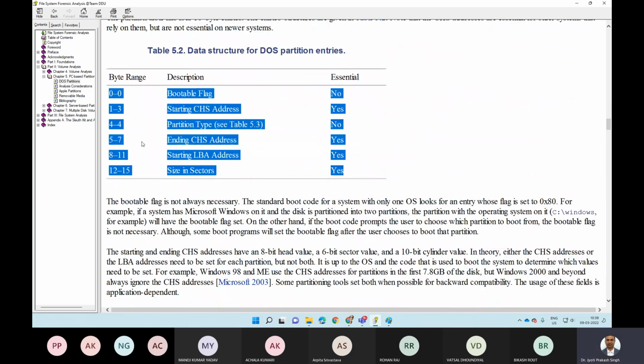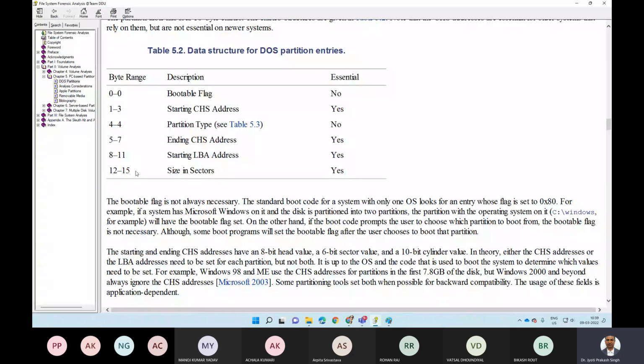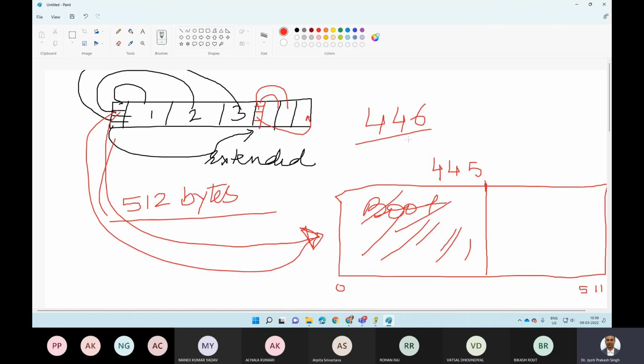And you can see each partition is 16 bytes, 16 addresses, because we have byte addressable memory, so each address is a byte. So 16 different addresses we have. That's why this number will be 446 plus 64, which I hope is 512.